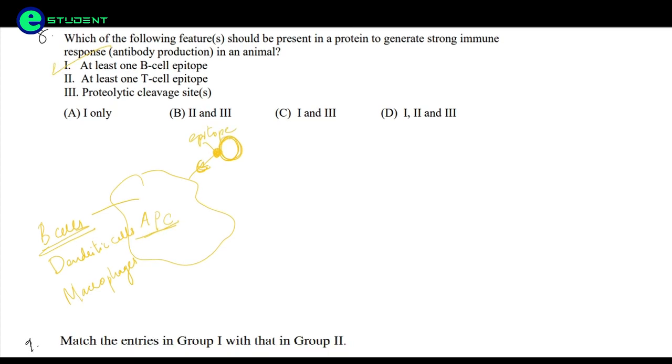Now when this antigen is engulfed inside the cell, it is usually fragmented, that is, cleaved, and one of the antigen fragments is presented on these B cells so that it can be recognized by the T helper cells.